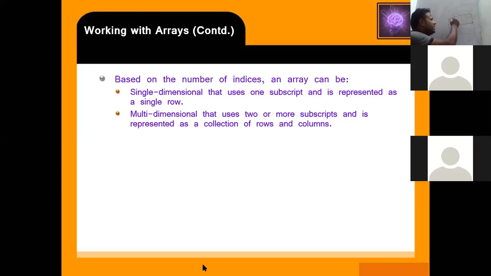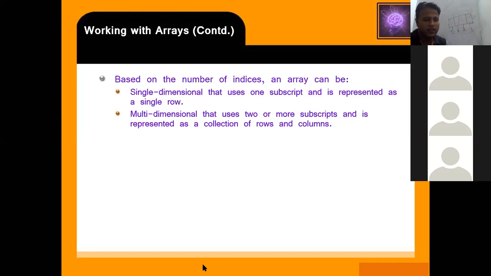Single dimension array elements are stored in a single row, and the index number starts from 0. It is 1, 2, and 3.